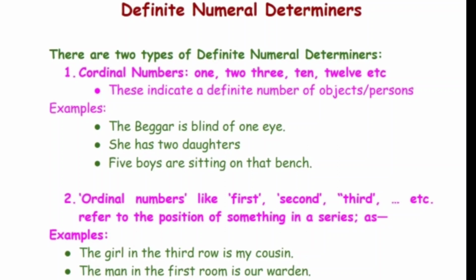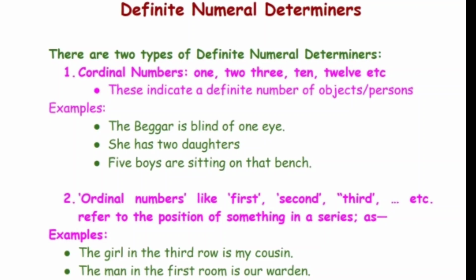Friends, after that there are ordinal numbers, as I had described to you. Ordinal numbers are the numbers that show order or sequence or position of something, on which position that thing or that noun is.